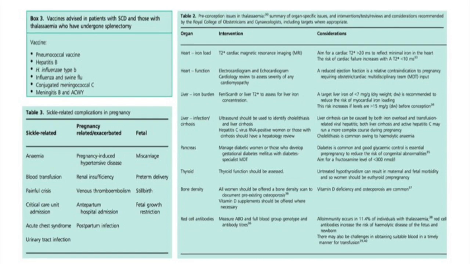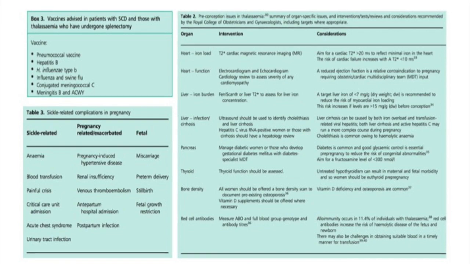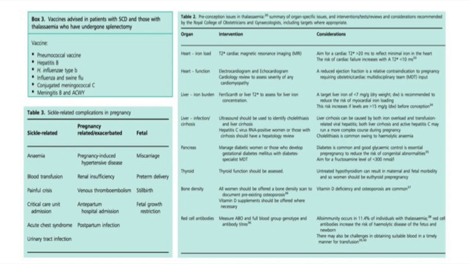Untreated hypothyroidism can result in maternal and fetal morbidity, and so women should be euthyroid pre-pregnancy. Bone density, all women should be offered a bone density scan to document pre-existing osteoporosis. Vitamin D supplements should be offered where necessary. Vitamin D deficiency and osteoporosis are common.